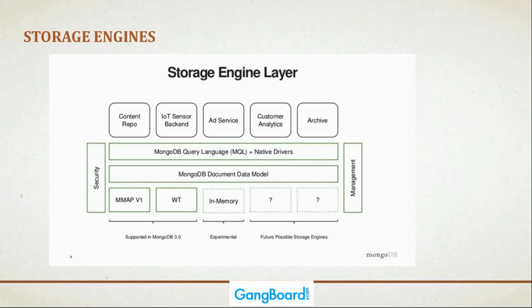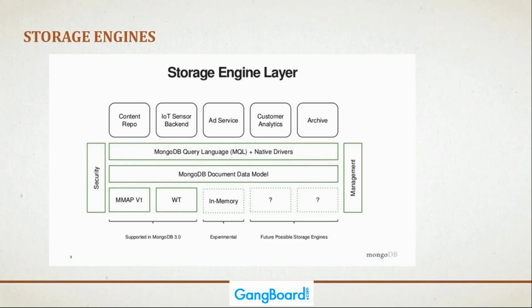MMAP is memory mapped files, version 1. MMAP was developed by MongoDB Inc., but WiredTiger was developed by a different company. Later they acquired it and started using it in MongoDB. From version 3.2, the WiredTiger storage engine is the default.